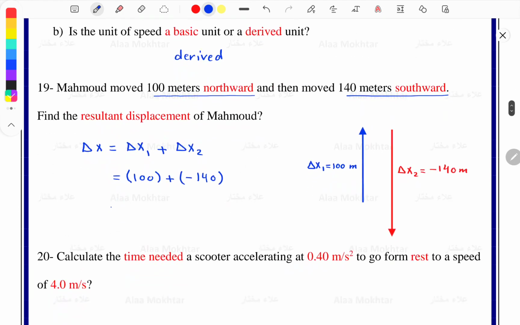In this case, delta x equals negative 40 meter. It means this displacement equals 40 meter to south.